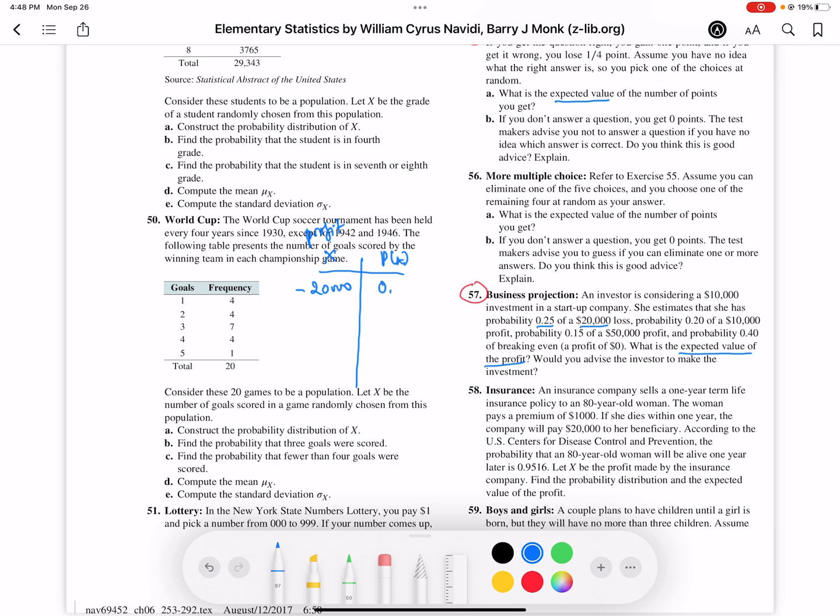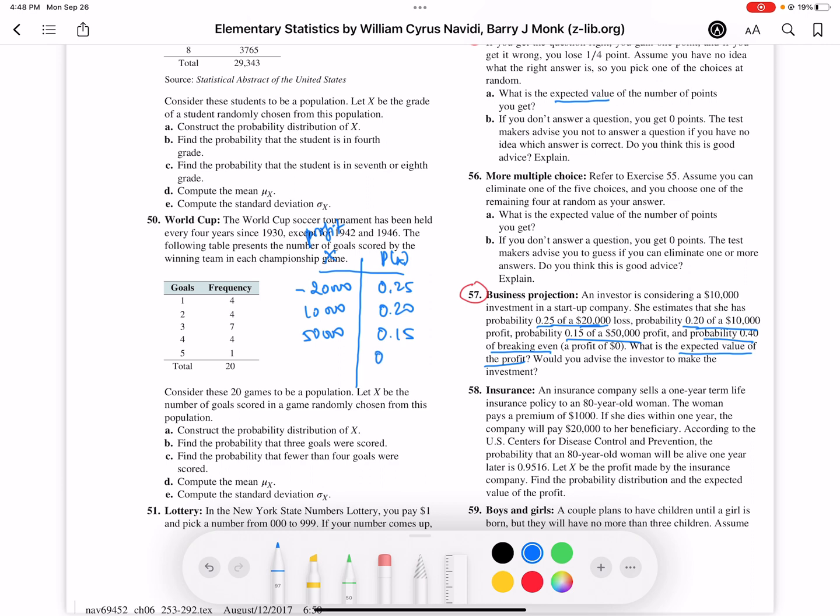The probability is 0.25. The probability of 0.20 for the gain 10,000. The probability of 0.15 for the profit of 50,000, and even.